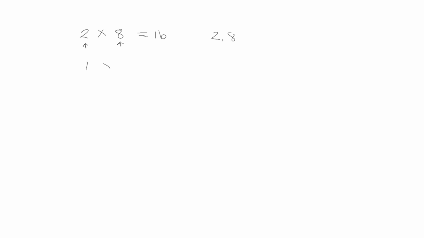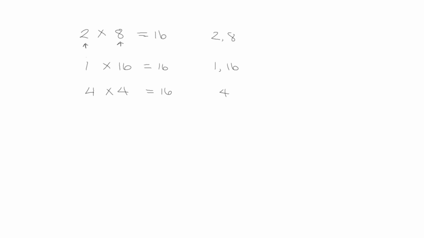Well, we can always do 1 times the number itself. So we have 1 times 16, so that gives us factors of 1 and 16. We can also do 4 times 4, which gives us 16.